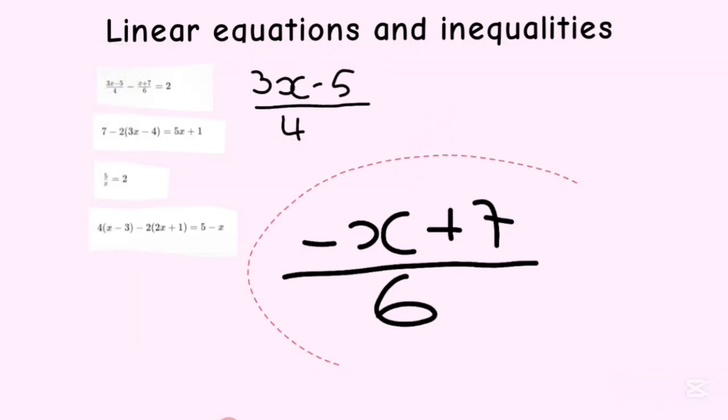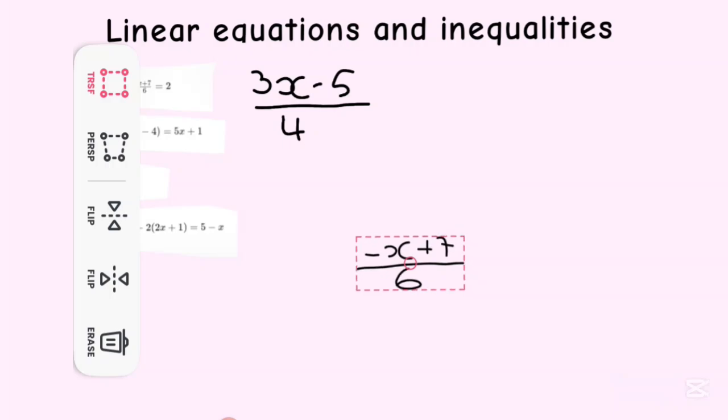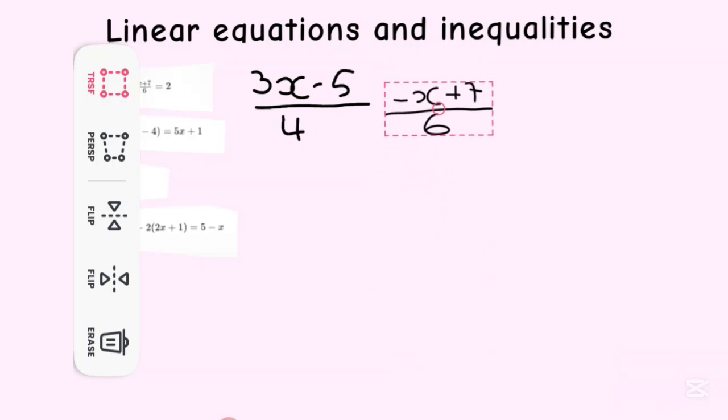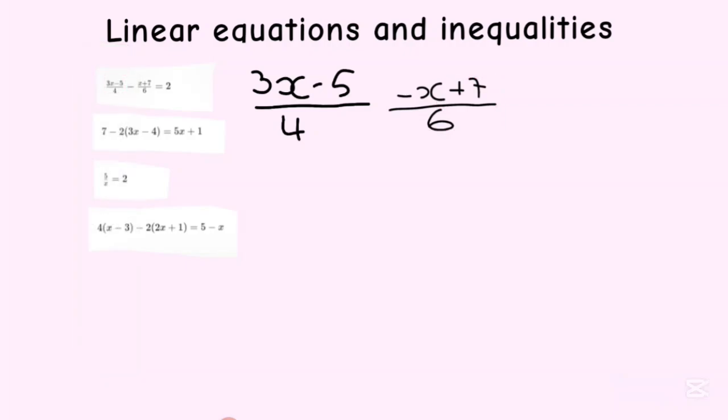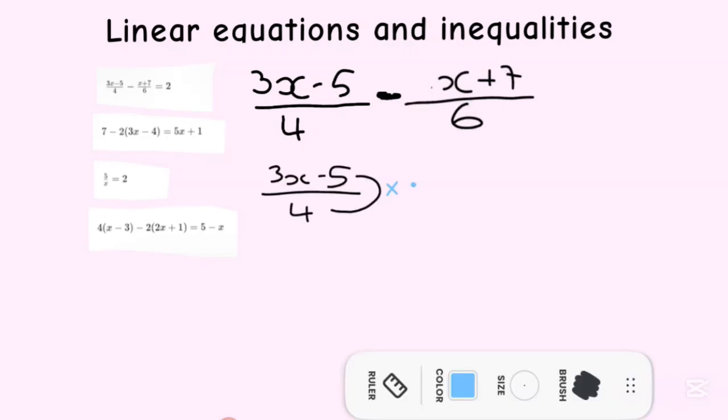The difficulty may vary. So the first one is (3x minus 5) over 4 minus (x plus 7) over 6. Some students are going to tackle this by trying to get rid of the fraction, and the mistake they make here is multiplying (3x minus 5) over 4 times 4.